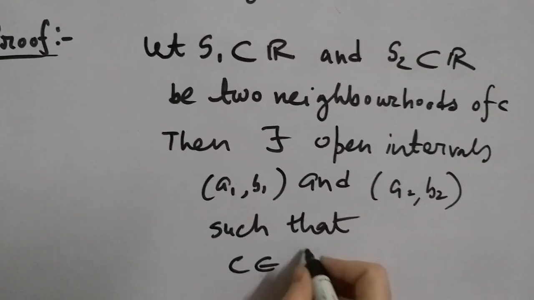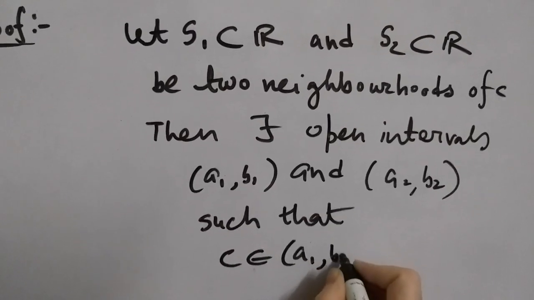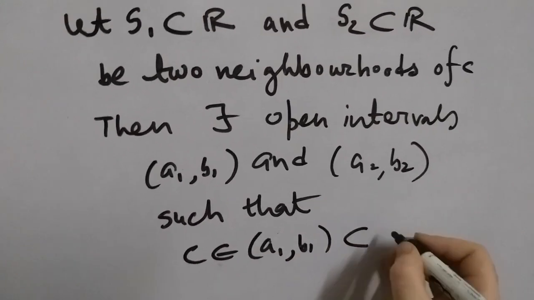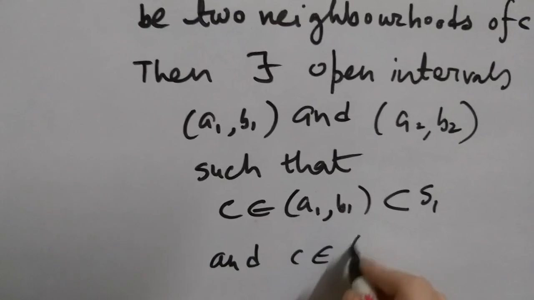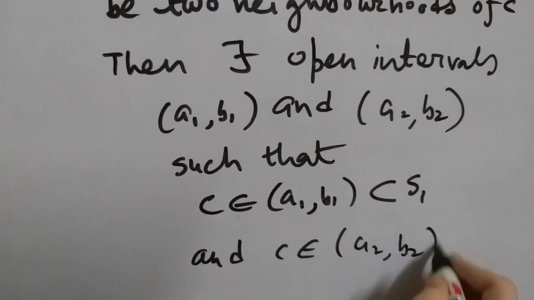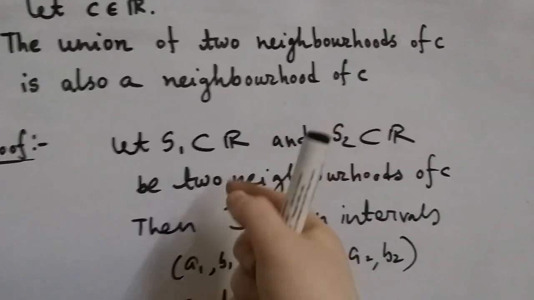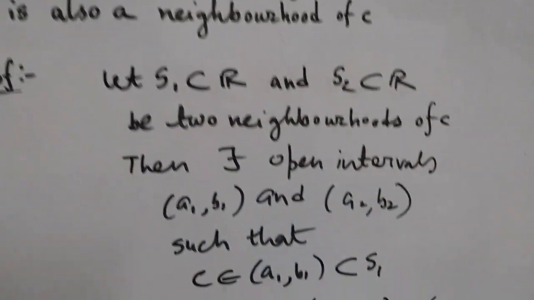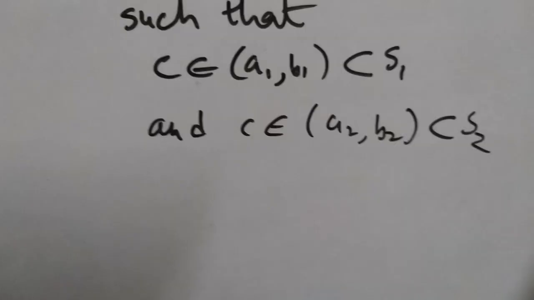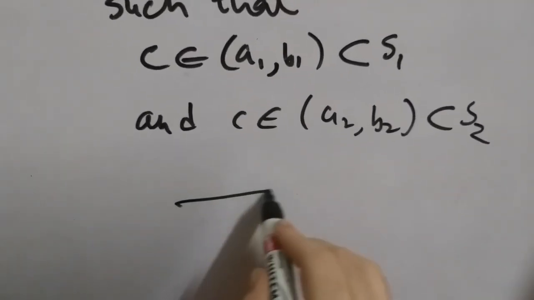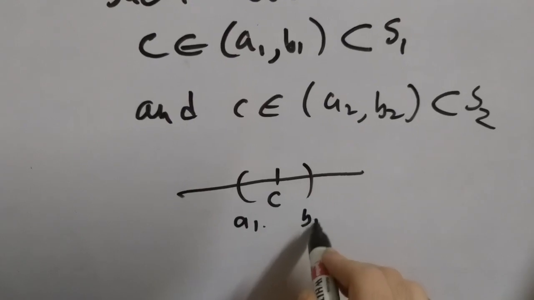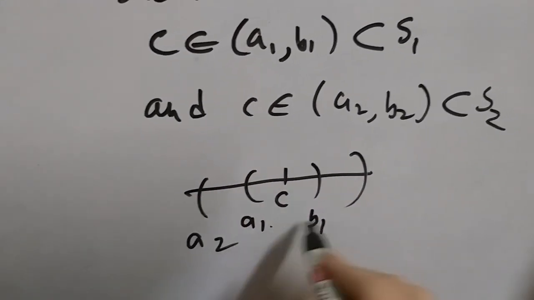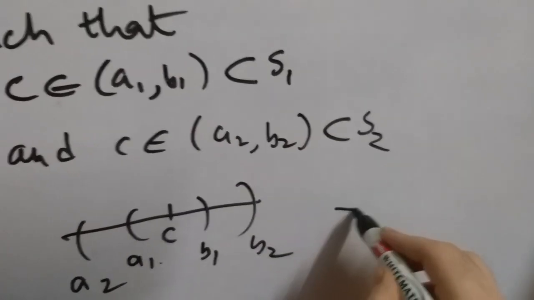c belongs to this open interval (a1, b1) and this open interval (a1, b1) is contained in S1, and c belongs to (a2, b2) contained in S2, since S1 and S2 are two neighborhoods of c. Now there are two possibilities, either this or this.